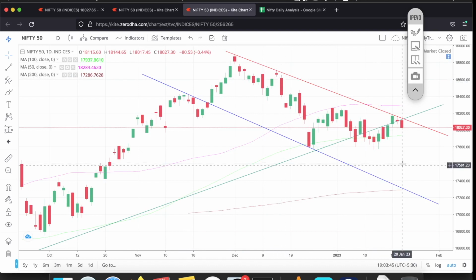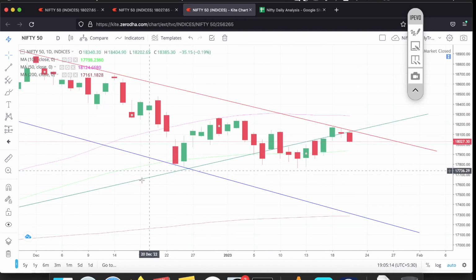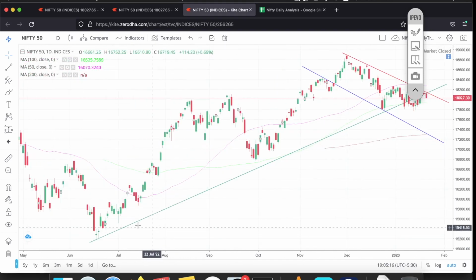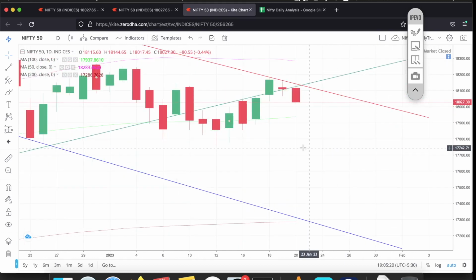Today also the candle tried to go up and test this falling resistance line, but it could not go beyond that. It faced resistance and fell below, and it even opened below this long running upward trend line. Eventually it fell below both these lines. Looking at it from this angle also, it's a good reversal.